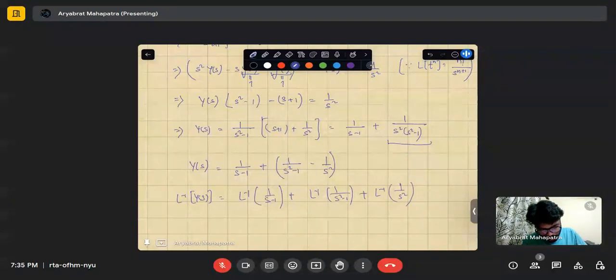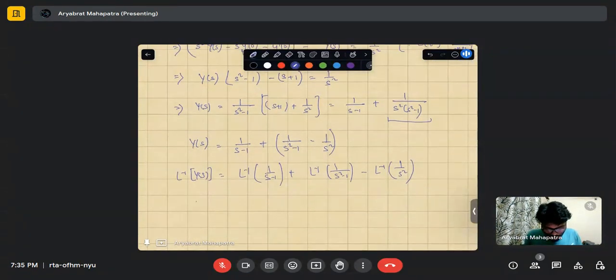So the inverse Laplace of capital Y(s) is y(t). The inverse Laplace of 1 over s minus 1 is simply e to the t.